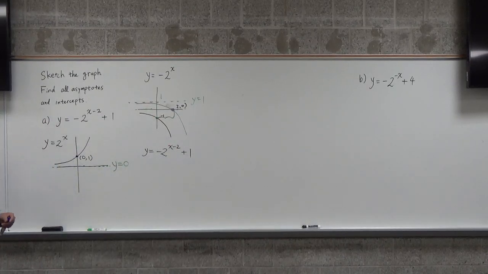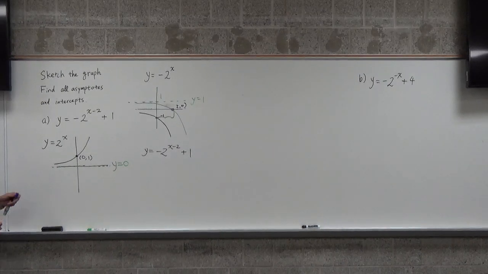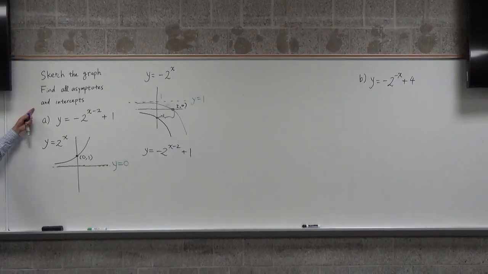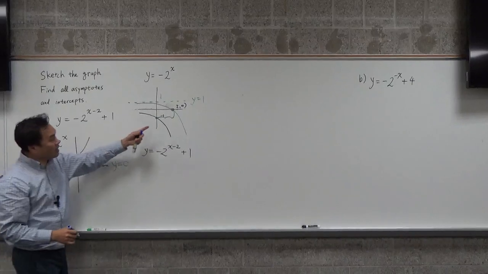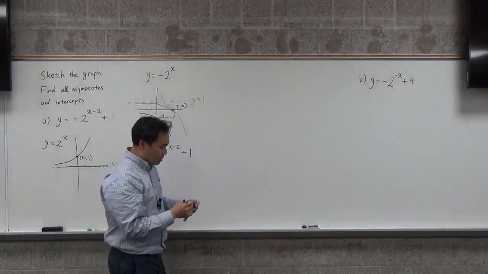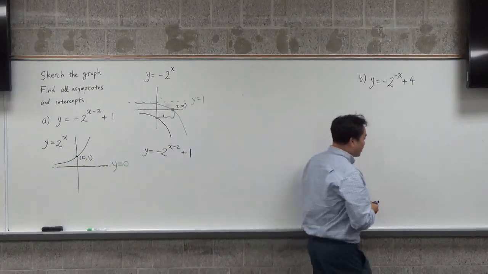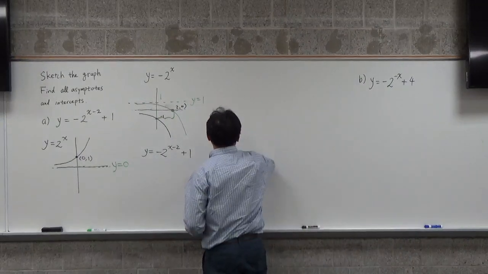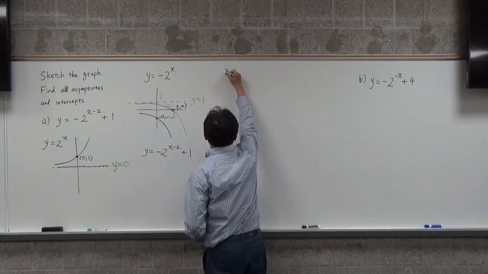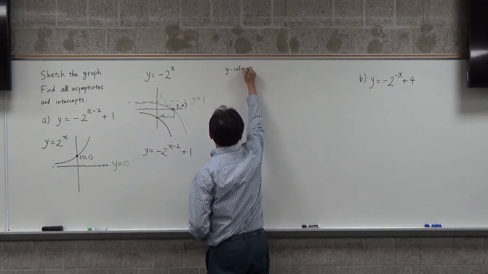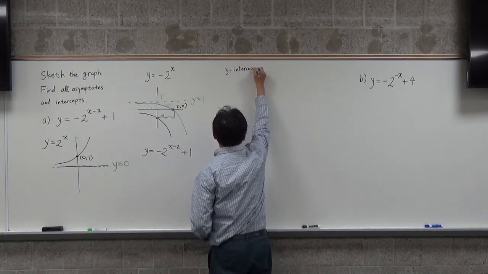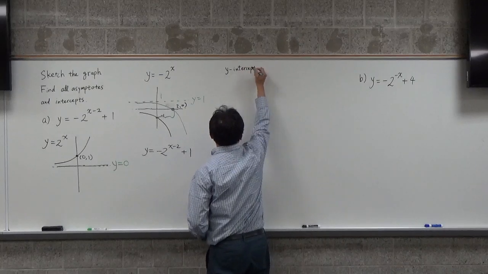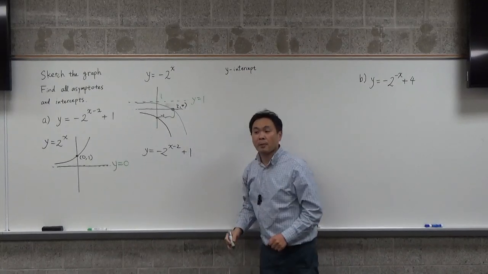All right, now we're almost done, except that it's asking us to find the asymptotes and intercepts. We already found that the asymptote is y equals 1. That part is okay, but we still need to find the intercepts. So let's find the x and y intercepts. First, let's do the y-intercept. How do you get the y-intercept?